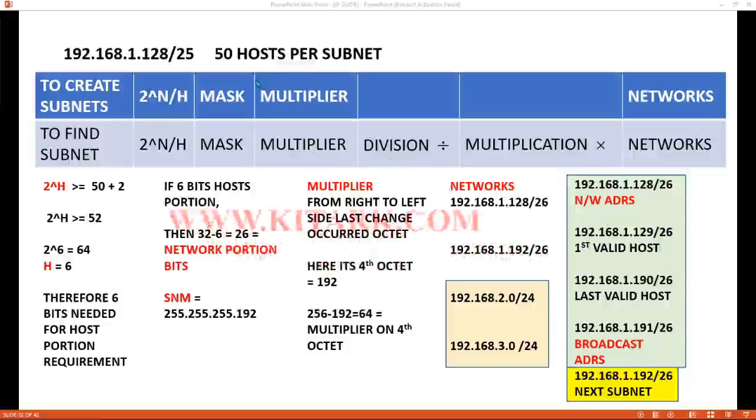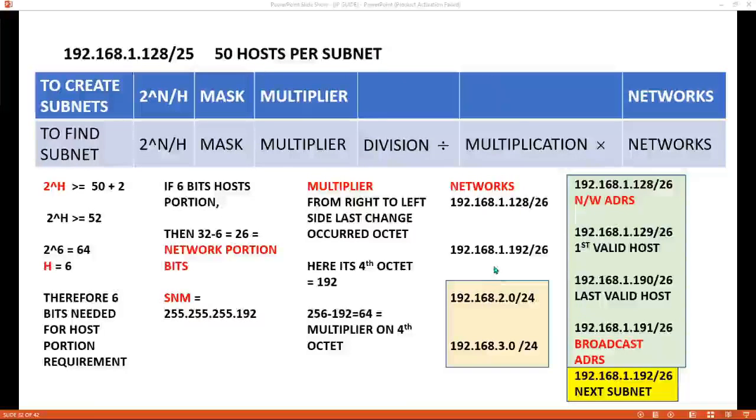So I am not explaining it again. Then the next requirement is 10 hosts per subnet. You know the diagram, right? I showed the lab, and in that the next one is 10 hosts per subnet. Again here I have found this 192.168.128/26, and I am going to allocate this network to my 50 hosts per subnet.